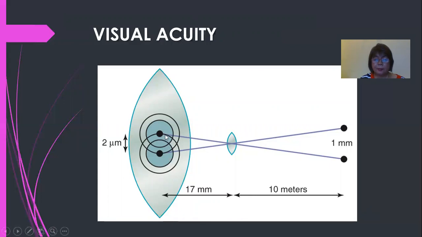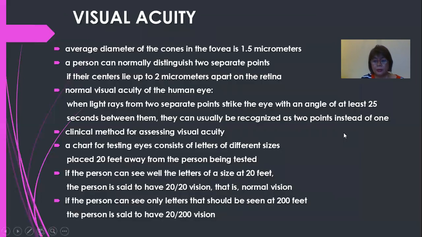If the points are less than 2 micrometers apart, then these 2 points will be seen as one. So if you put these 2 points near each other, this will no longer be seen as 2 points but as 1 point. So visual acuity is actually seeing 2 points as 2 points and not as 1 point.